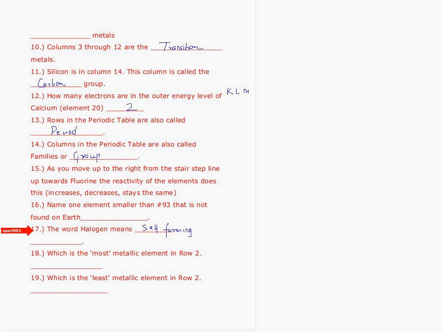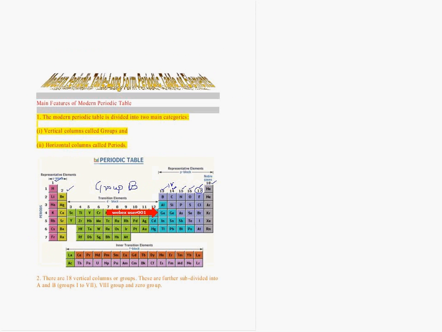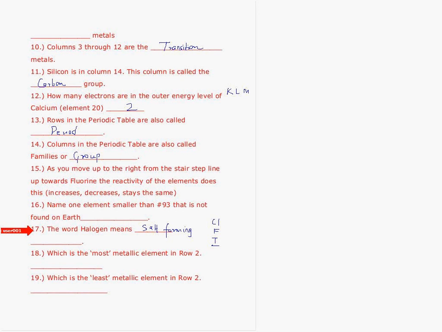Remember, when we talk about reactivity, you will find that chlorine, fluorine, iodine are all in group 7. You see here, these are all halogens, and they form salts. Salts means if any reaction occurs, then something is left in the form of salt.